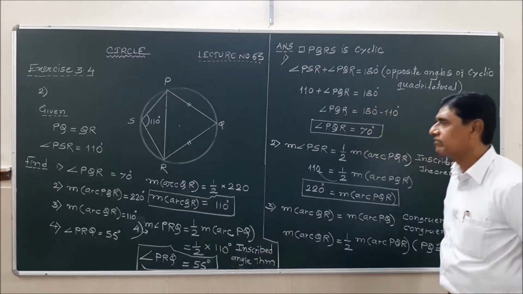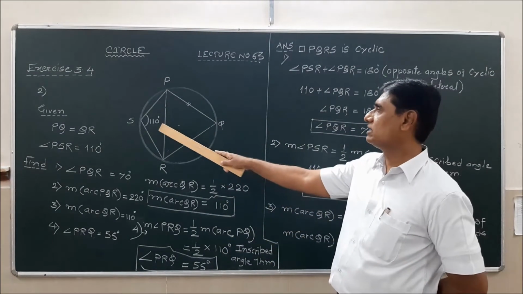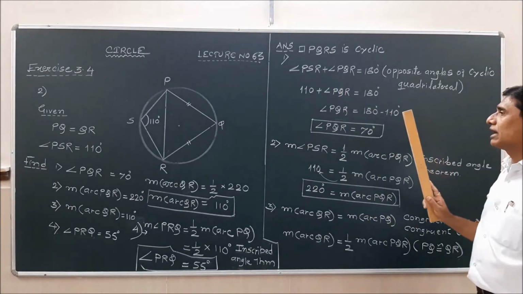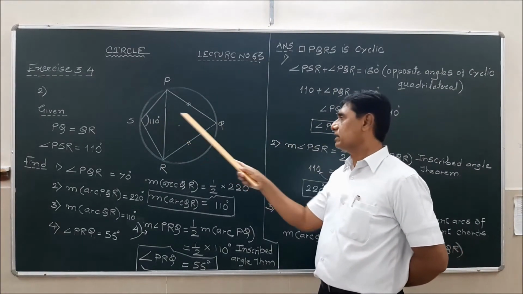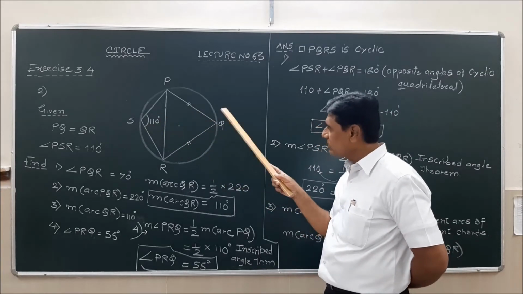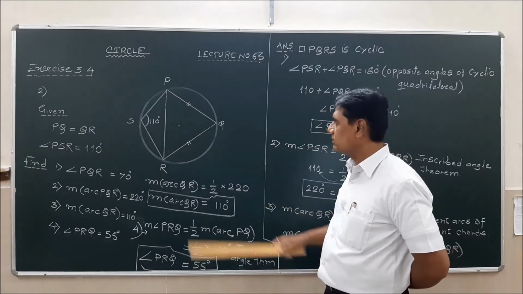So please try to understand. If PSR is 110, arc PQR is 220. Next to that, S plus Q is equal to 180, opposite angles of cyclic quadrilateral. If this is 110, this is going to be 70.